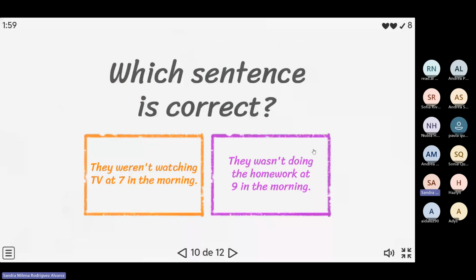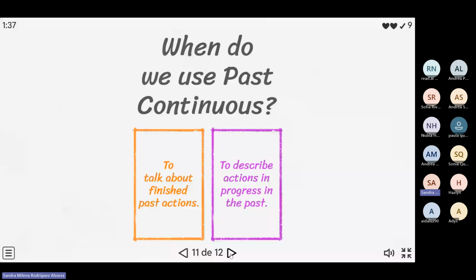Now, which sentence is correct? They weren't watching TV at 7 in the morning. They wasn't doing the homework at 9 in the morning. They weren't watching. Now, when do we use past continuous? To talk about finished past actions or to describe actions in progress in the past? To describe action in progress in the past.